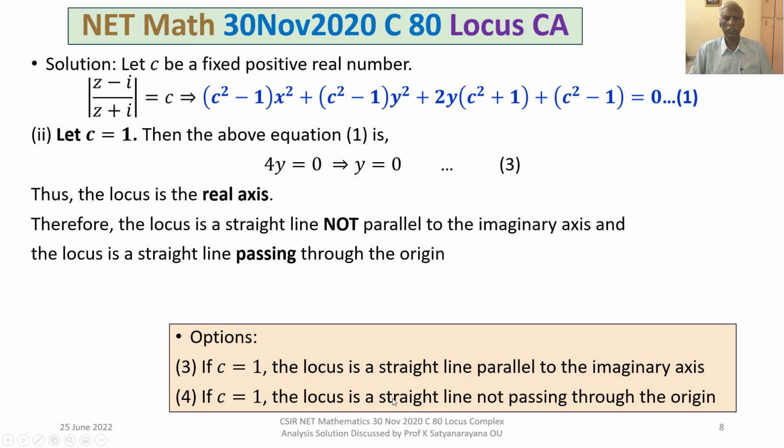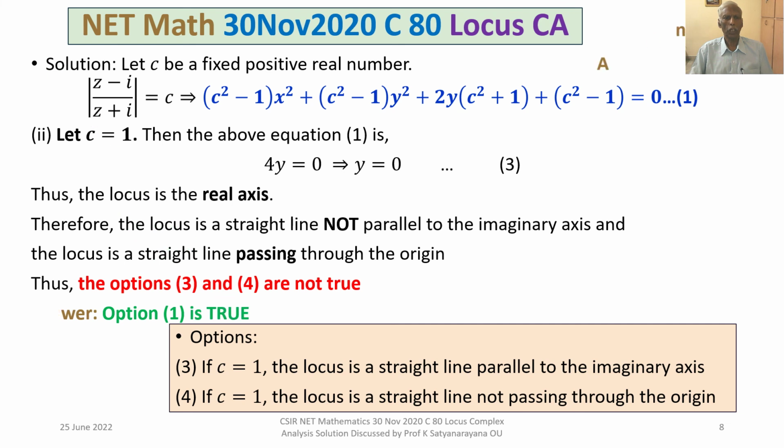Option 4 says the straight line does not pass through the origin, but it is the real axis, it passes through the origin. So, options 3 and 4 are not true. Therefore, our final answer is option 1 is true.